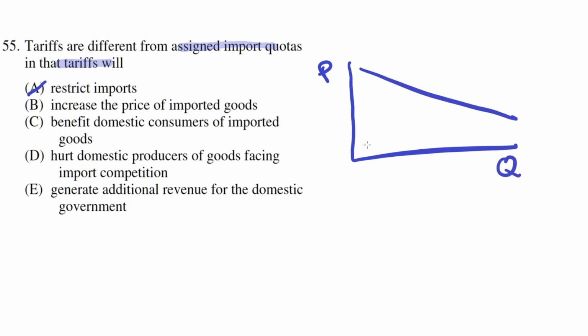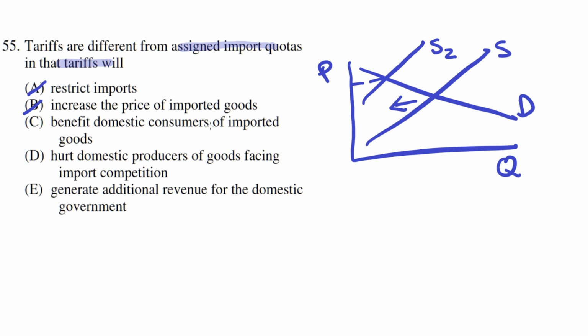Now, if you draw the two sloping supply and demand curves, we can see that because there's less supply, which is what a quota does, limiting the supply of the imported goods, this leads to a higher price. Because of this, quotas increase the price of imported goods, and tariffs already increase the price of imported goods by increasing the price as they're being imported. So, B is also incorrect.